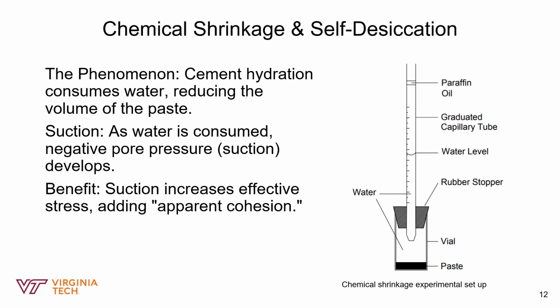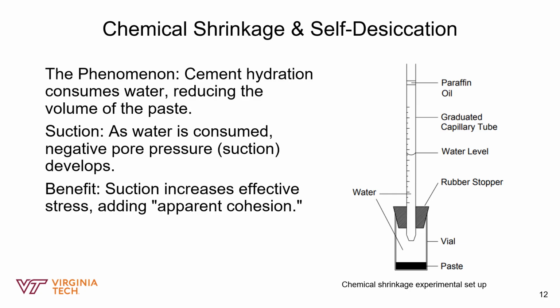When the cement comes into contact with water, hydration occurs and releases hydration products, which are the calcium silicate hydrates. These hydration products are what cause the cement or the paste to harden over time.